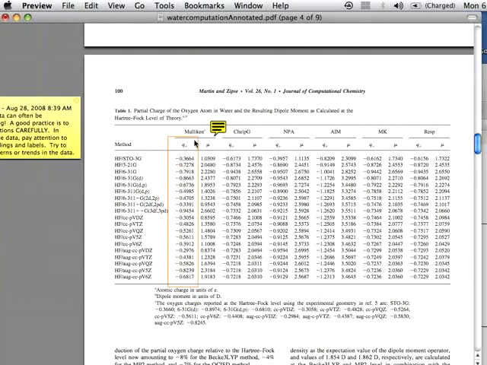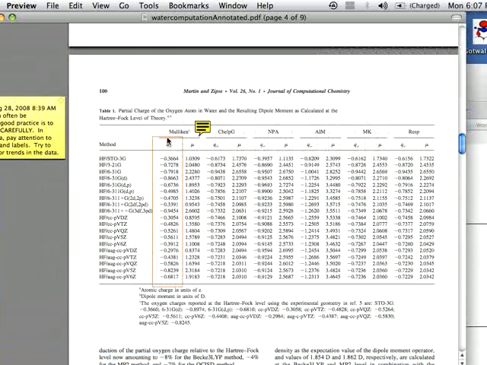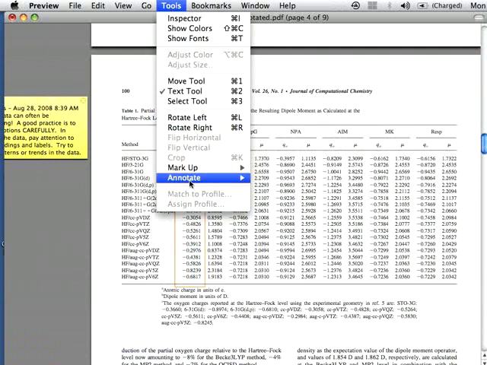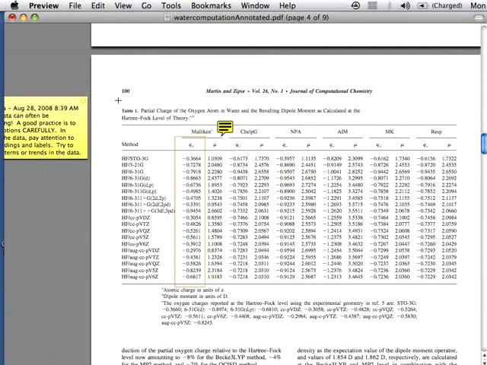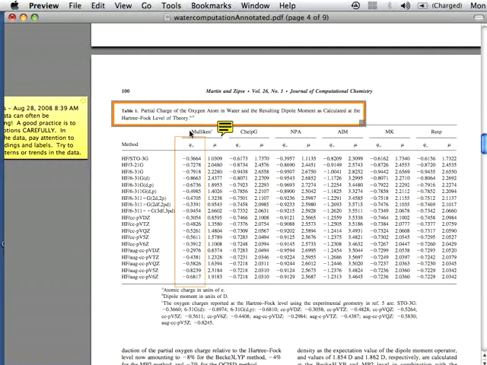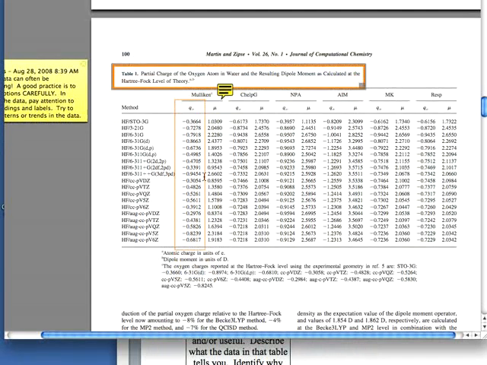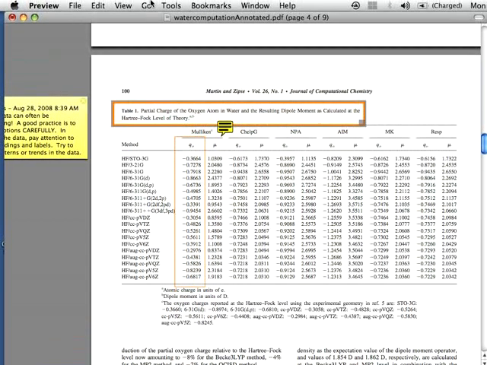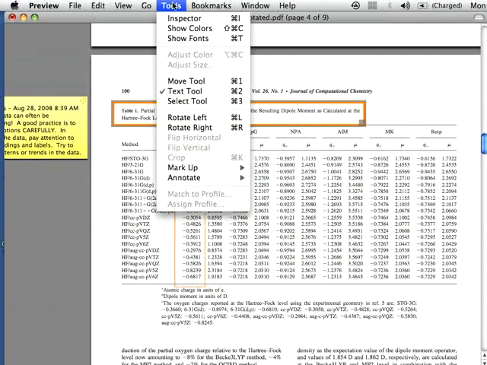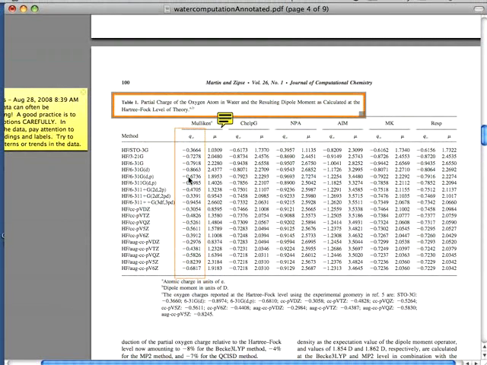Now, there's a lot of data in this particular table, and what I did is I highlighted here, and again, it's really important that you read the caption so that you understand what they're talking about. If you read that, it says the partial charge on the oxygen atom in water. So knowing that minus 0.66 was the right answer, if I do a quick look through this data, actually let me see if I can do a markup here.